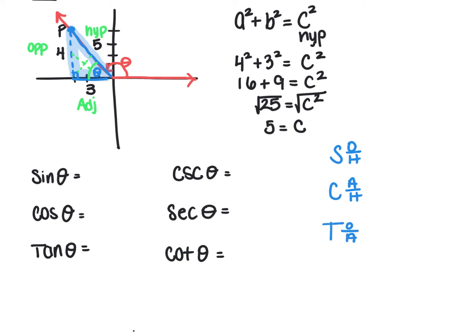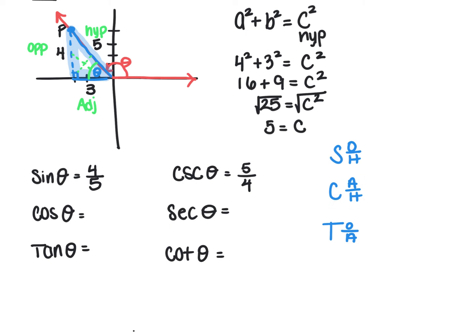So we know that sine is opposite over hypotenuse. So if we look in our picture, opposite is 4, hypotenuse is 5. So sine is 4/5. We know that cosecant is simply the reciprocal of sine. Reciprocal means to flip. So 4 over 5 reciprocates to 5 over 4.